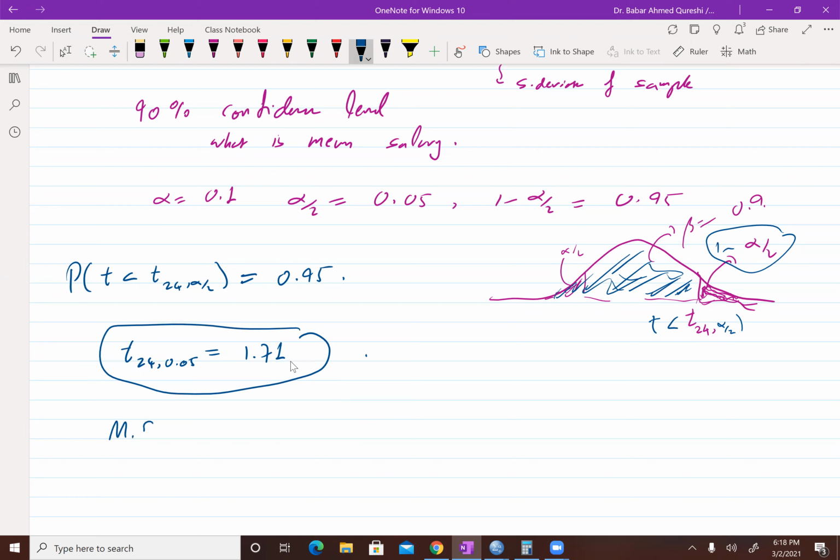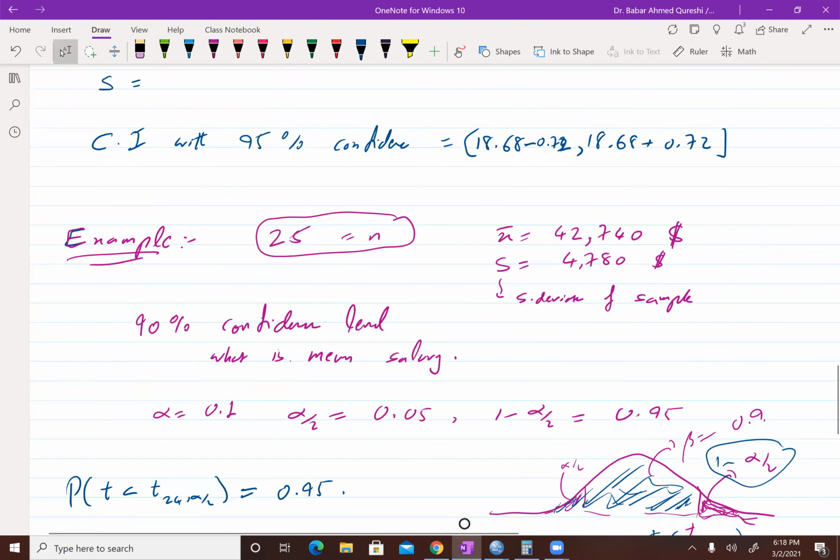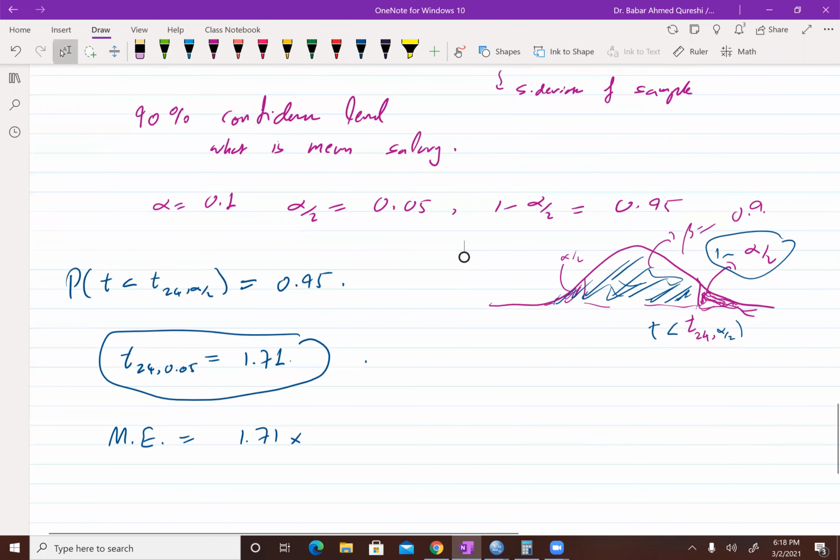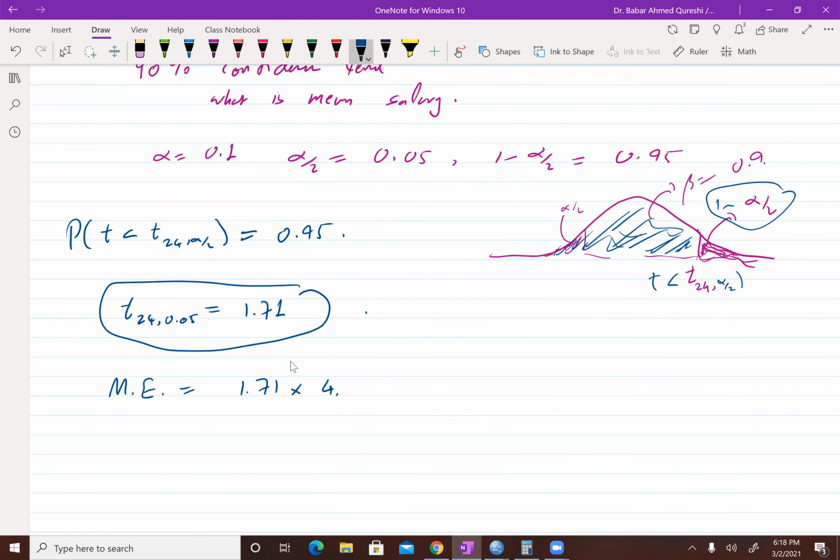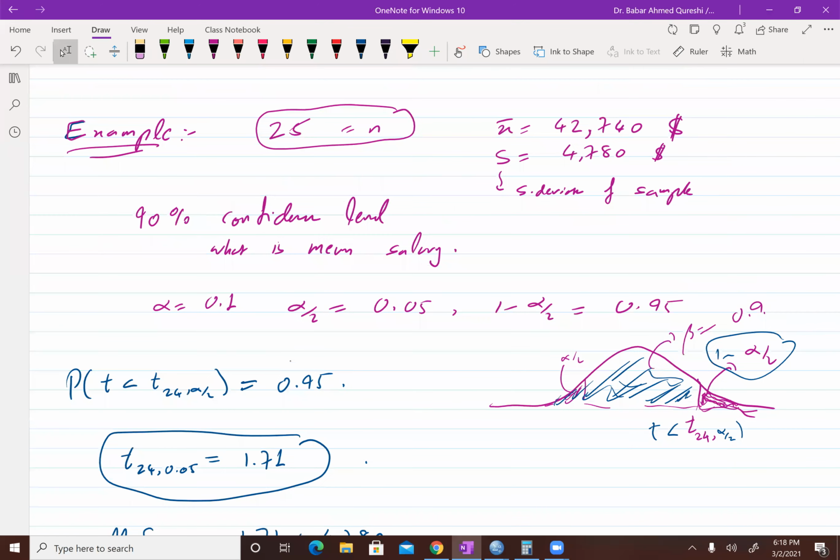And margin of error is 1.71 times this number S, 4780, divided by square root of the sample size, which was 25.